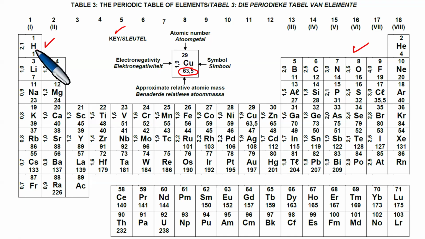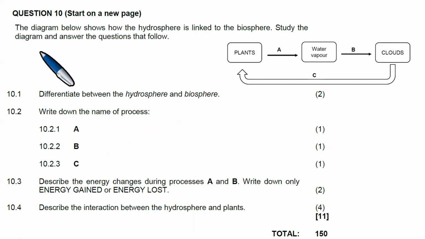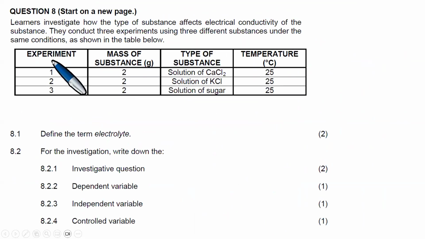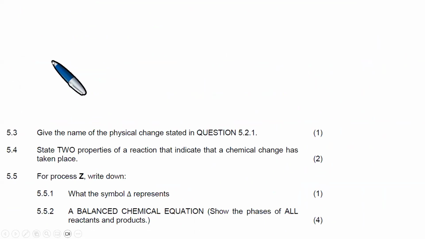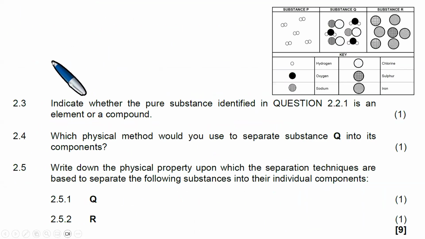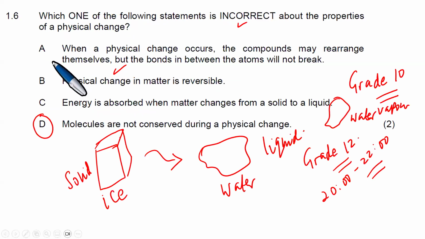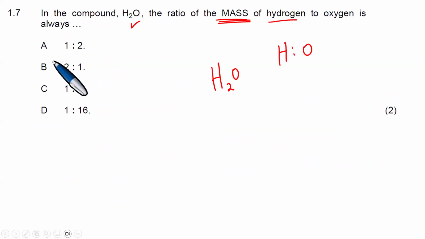That of hydrogen is 1, and that of oxygen, we can see the relative atomic mass is 16. So what then do we do at this point? We saw 1 and 16. Let's use that here to answer this question.